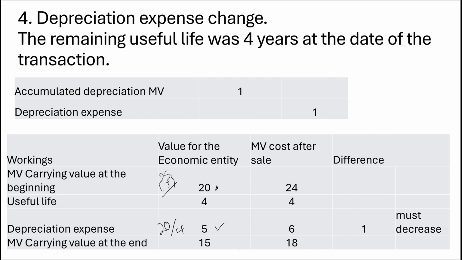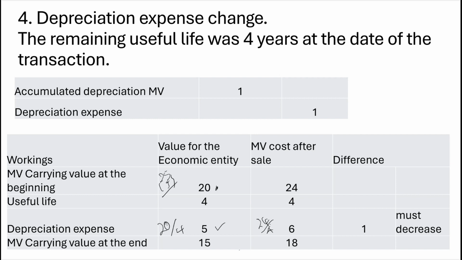After the sale, when the subsidiary recorded it as $24,000, the useful life is 4 years, and the depreciation recorded is $24,000 divided by 4 years, which is $6,000.